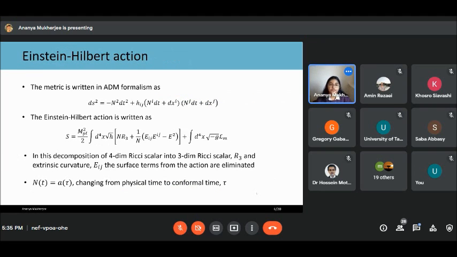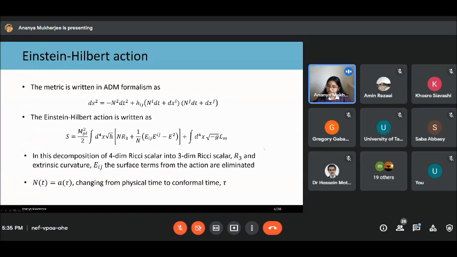future analysis. So to find the Einstein-Hilbert action, we have resorted to the ADM formalism. In this formalism, the metric is split into lapse and shift, and the Einstein-Hilbert action is written in terms of the three-dimensional Ricci scalar and a combination of extrinsic curvature.